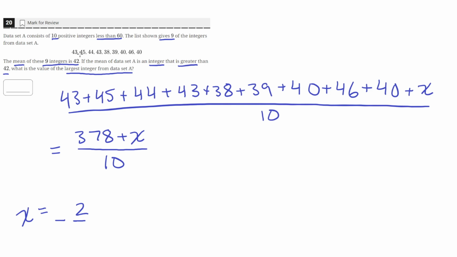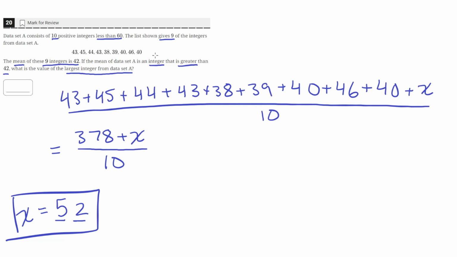Since the mean of these 9 integers is 42, we need a value larger than 42 to push the mean above 42. And since the x value has to be larger than 42 but less than 60, the only number that has a 2 in the ones place that is larger than 42 and less than 60 is 52. So x has to be 52.